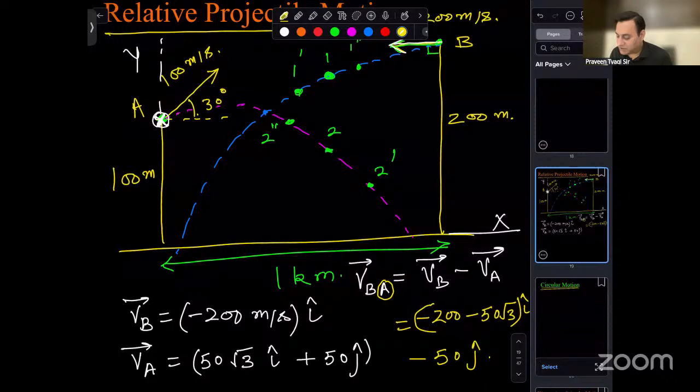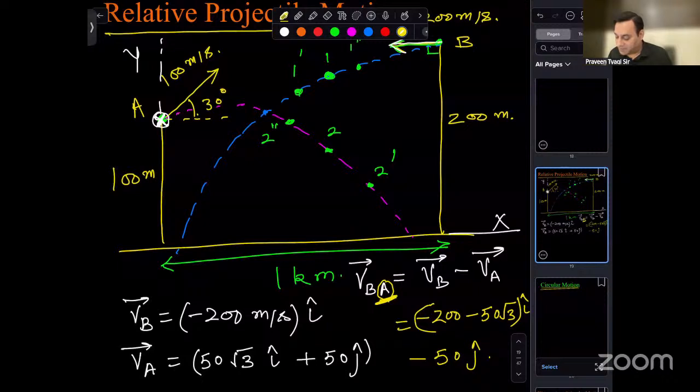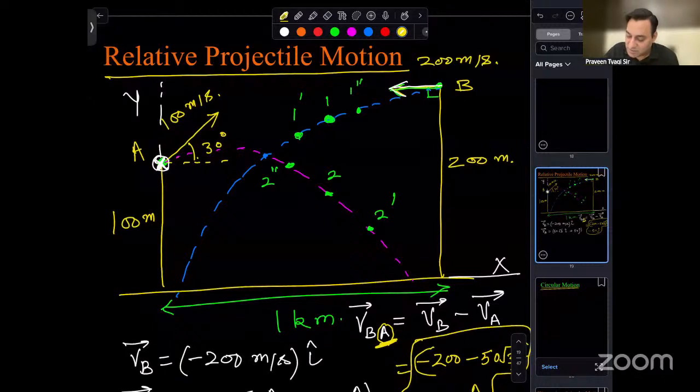Now let's try to understand what we are seeing. What is A feeling? What is this observer finding B to be moving like? He is finding B to be moving with this velocity, which is shown in I cap j cap here. Let's plot this velocity. It will have a horizontal component of 200 plus 50 root 3 in the minus x direction.